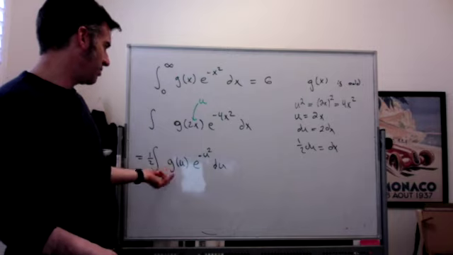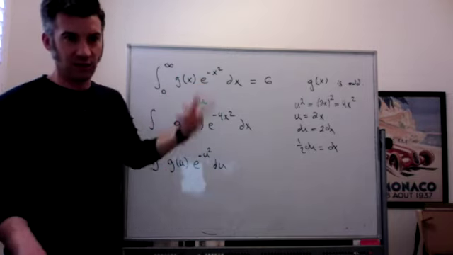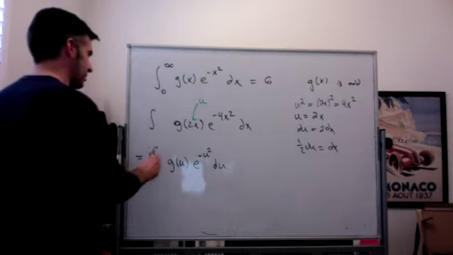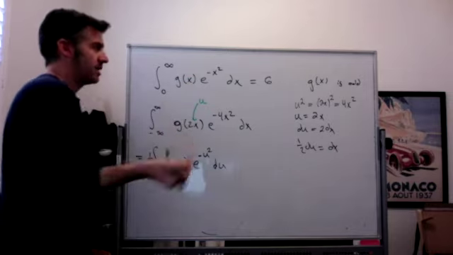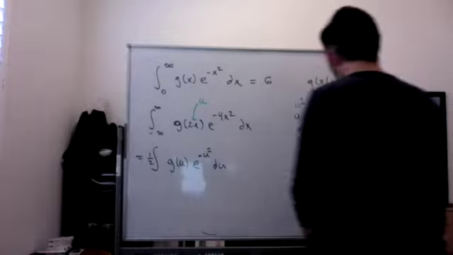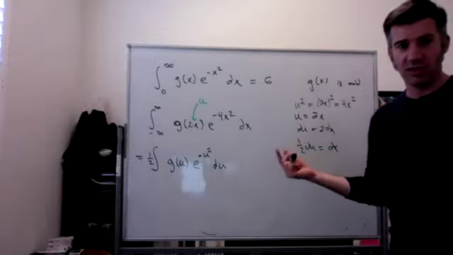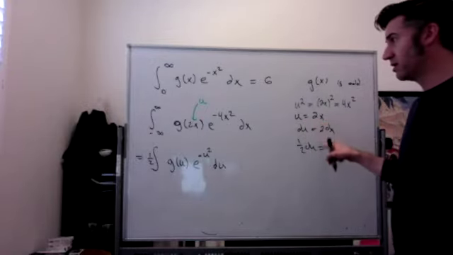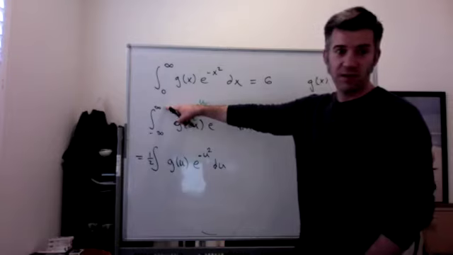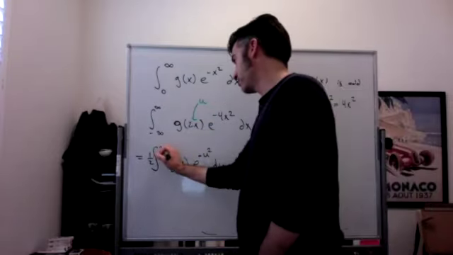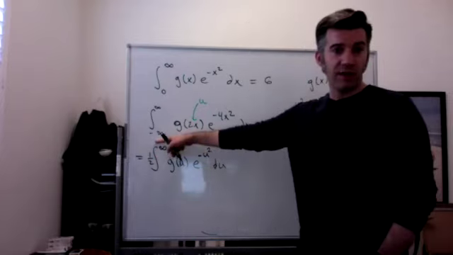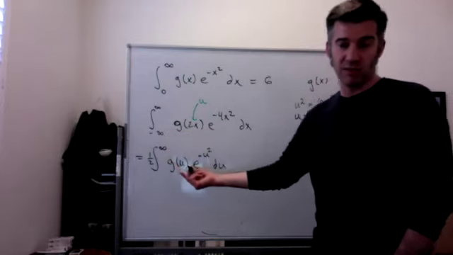So this is negative infinity to infinity. Here it's not too terrible because u is just twice x. If x is infinity, u is twice infinity, which is still infinity. And if x is negative infinity, u is still negative infinity.